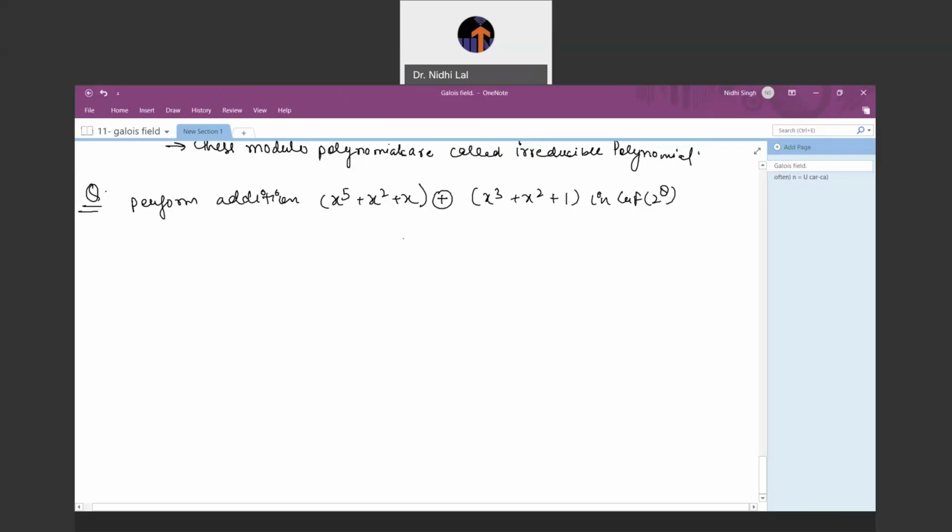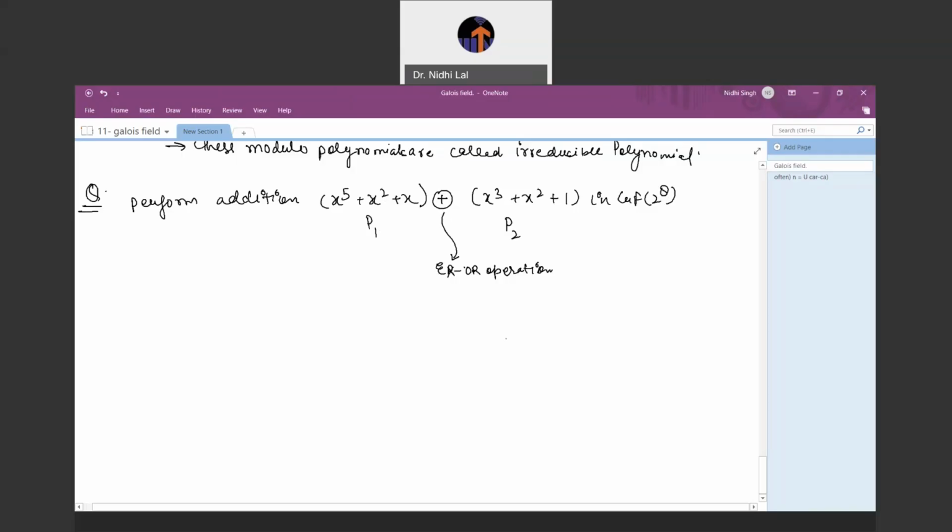So this will be termed as P1, this will be termed as P2, and this operation will be understood as XOR. And you have to perform the addition between these two polynomials P1 and P2.